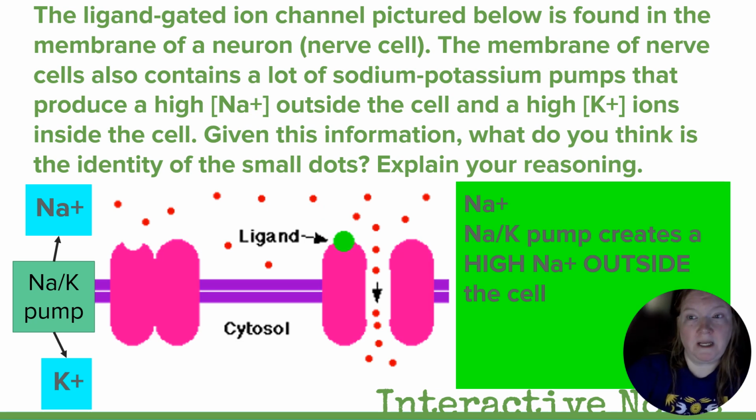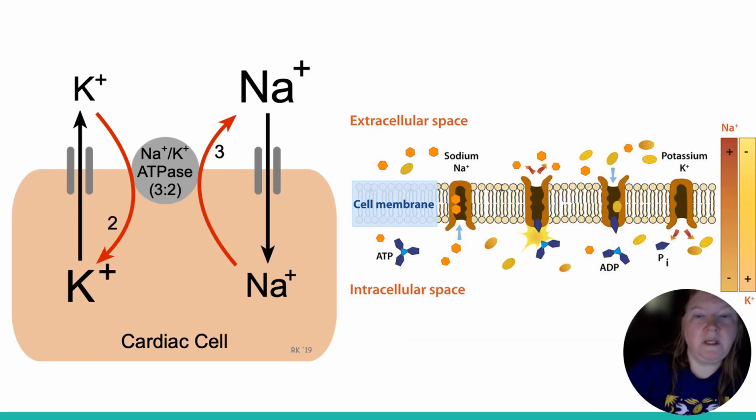ligand-gated channel right here. So here is just another look at this. This is a sodium potassium pump, and it's going to pump out 3 sodiums for pumping in every 2 potassium. This is going to require ATP in order to keep that sodium concentration high outside the cell. Okay?